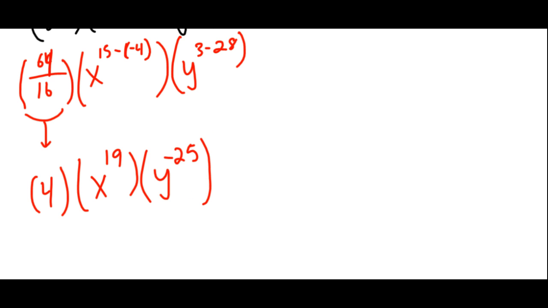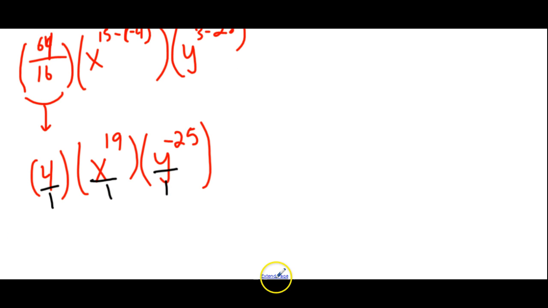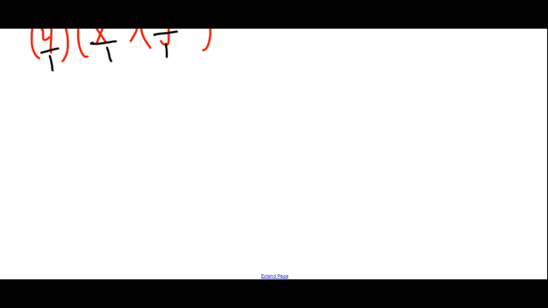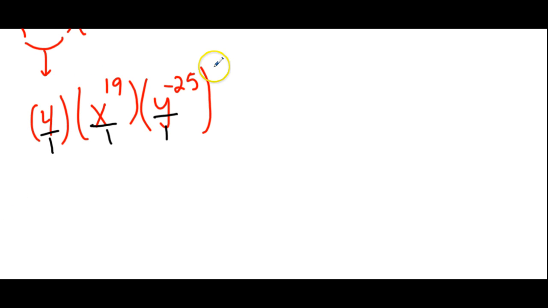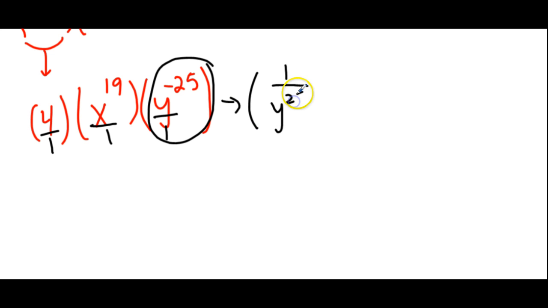Alright? So all we got to do is multiply across. Remember, these are the same thing as over 1, over 1, over 1. Before you even multiply across, what happens to this one right here? Because it's a negative exponent, this actually turns into 1 over y to the 25th.